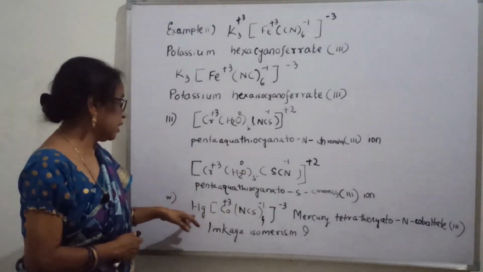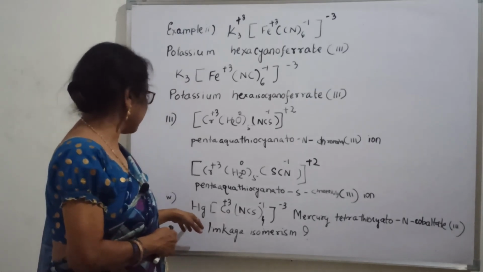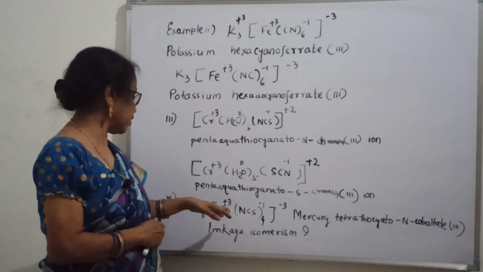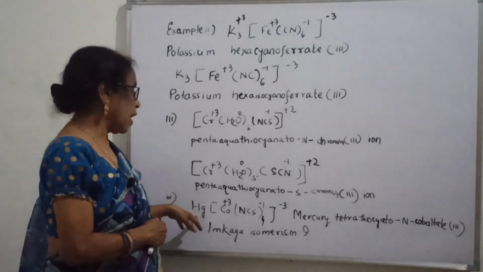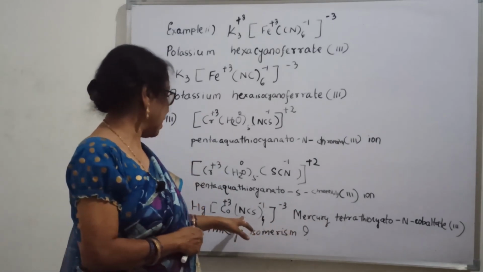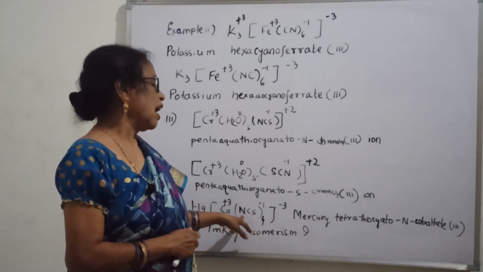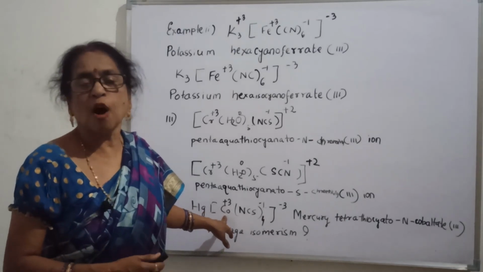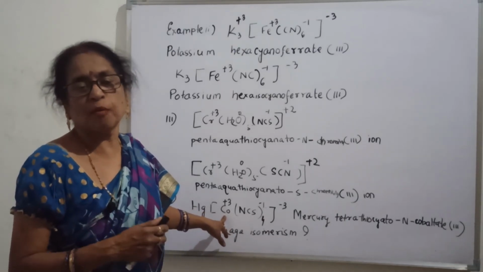So here the question is asked: the structure is given, write down its linkage isomer, where you know the name also, mercury tetrathiocyanato-N cobaltate, because cobalt is inside the complex which is an anionic complex.